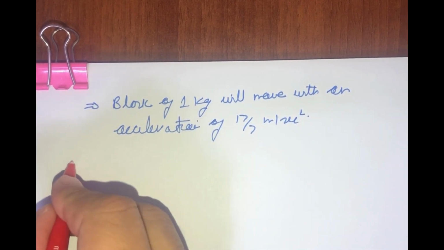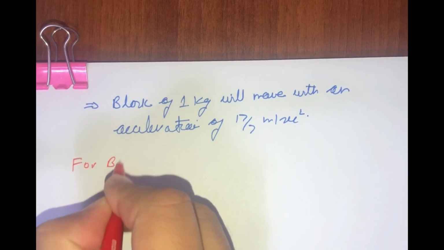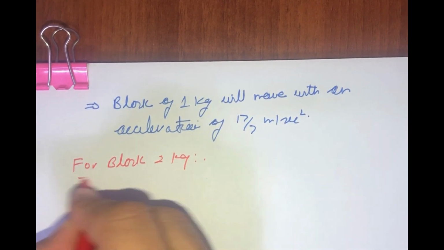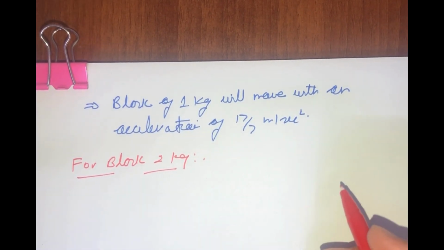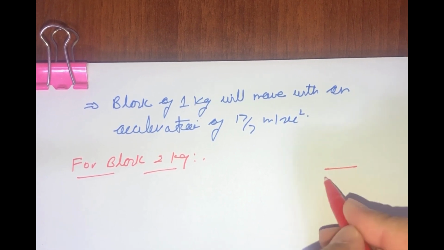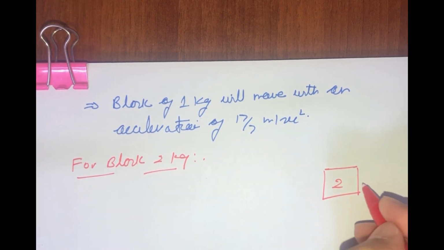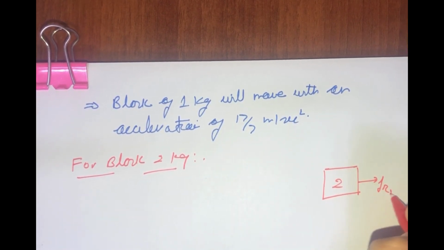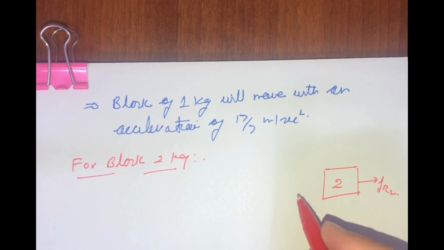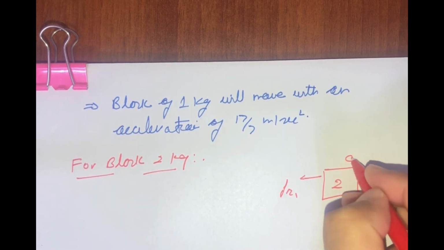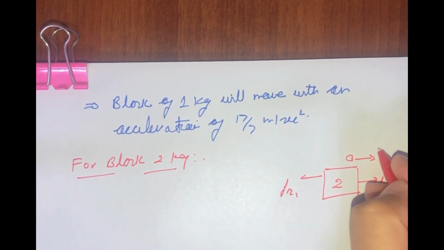Now similarly we find out for the block of 2 kg. For the block of 2 kg, it has FR2 and there is FR1, and acceleration A, which is 17/3.